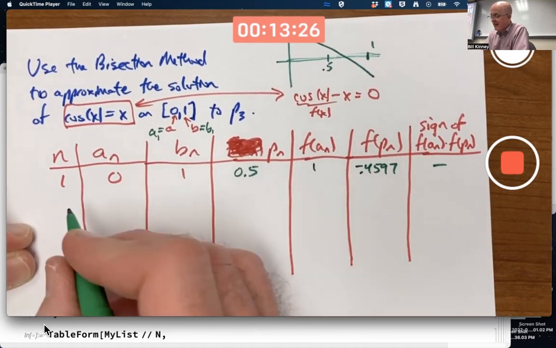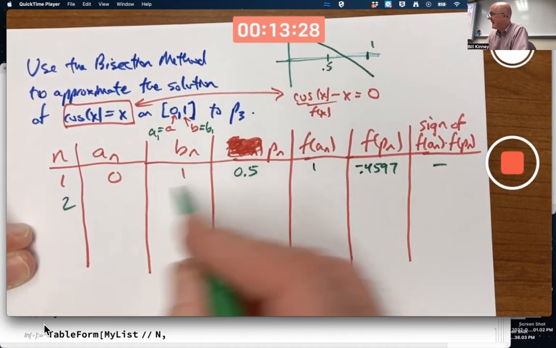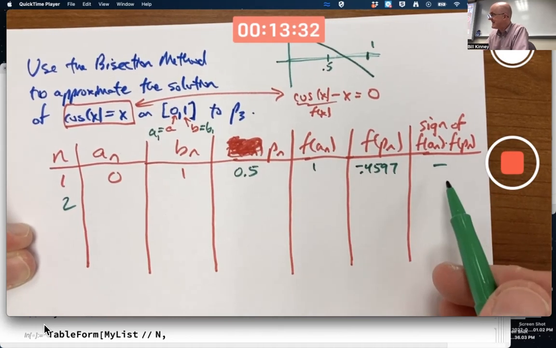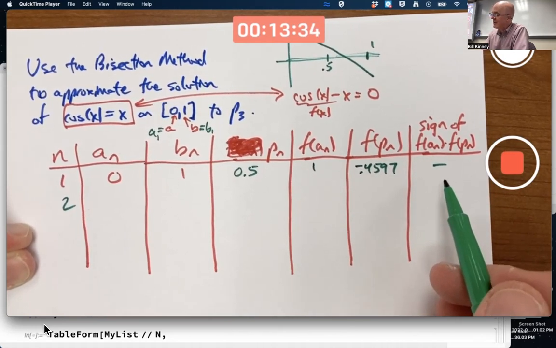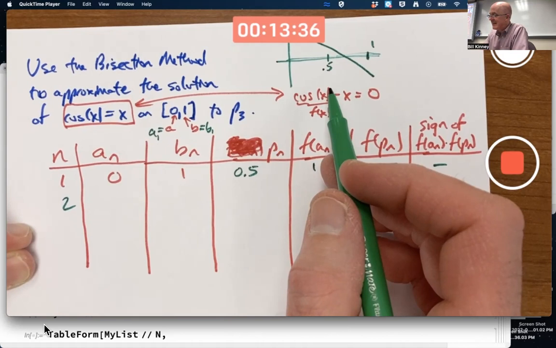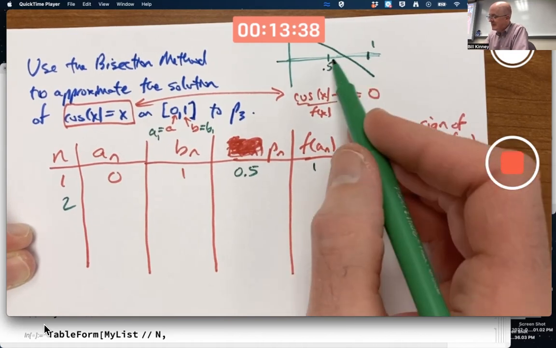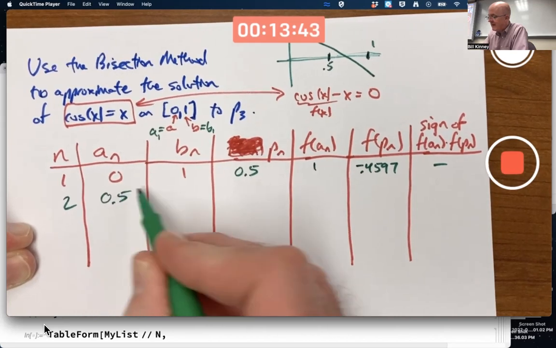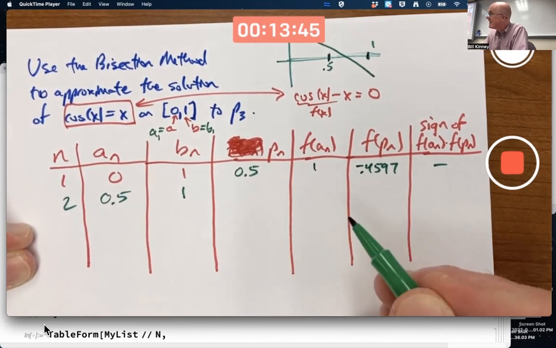But then that begs a question: how do you update the a values? There is an algorithm to it based on the fact that this is negative. It's confusing, though, if you don't look at the picture, right? You know, the new interval's got to be from 0.5 to 1. A2 has got to be 0.5 and B2 has to be 1.